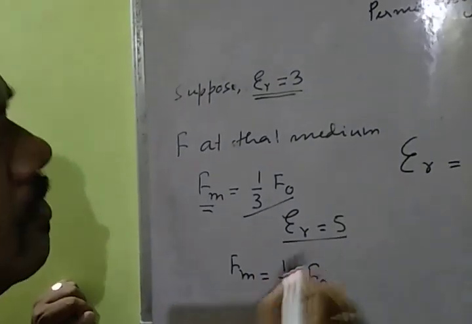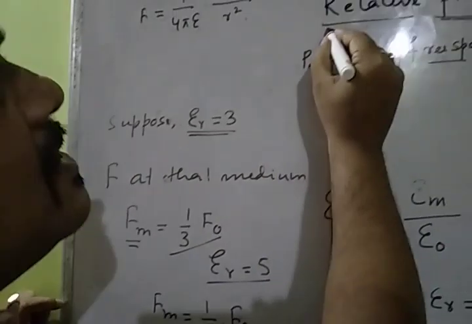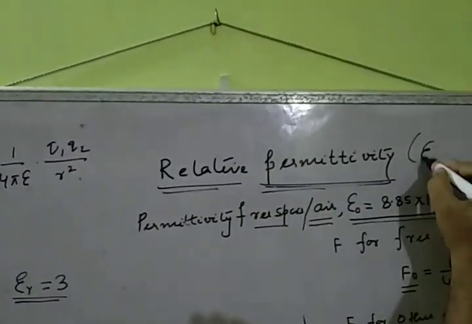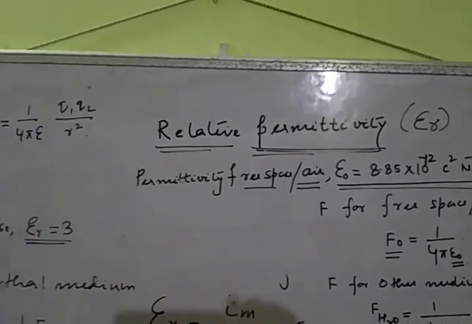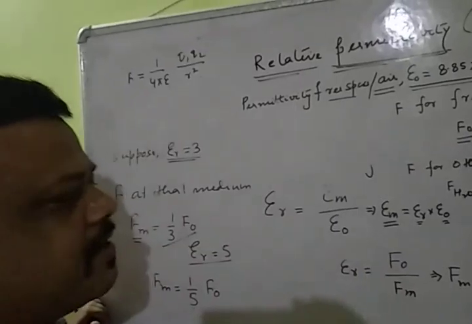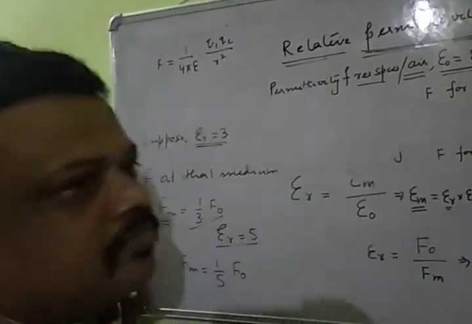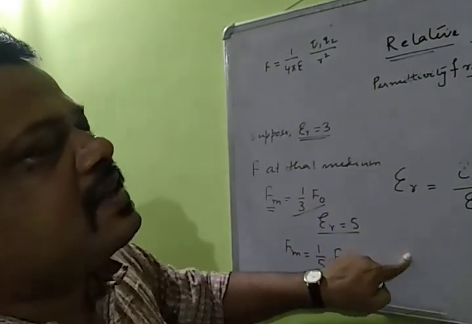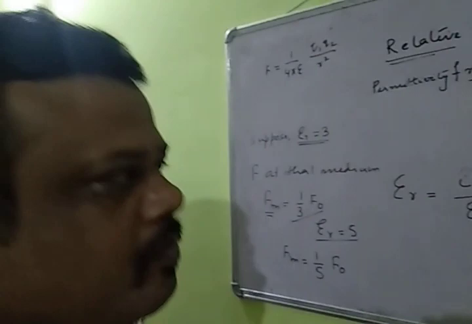When this is 5, the force is 1/5 of F naught. That means this quantity indicates how many times the force in any medium is decreased compared to the electrostatic force between the charges in free space or air. So this is a new definition for relative permittivity.